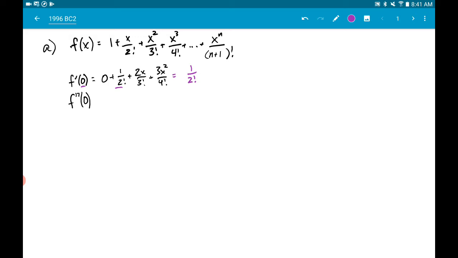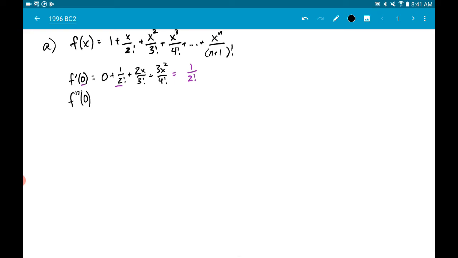But before I jump right to the 17th derivative, let's try to look for a quick little pattern. So if I do the next derivative, or we'll call it the second one, the 1/2 is going to go away, but I'm going to be left with 2 over 3 factorial.